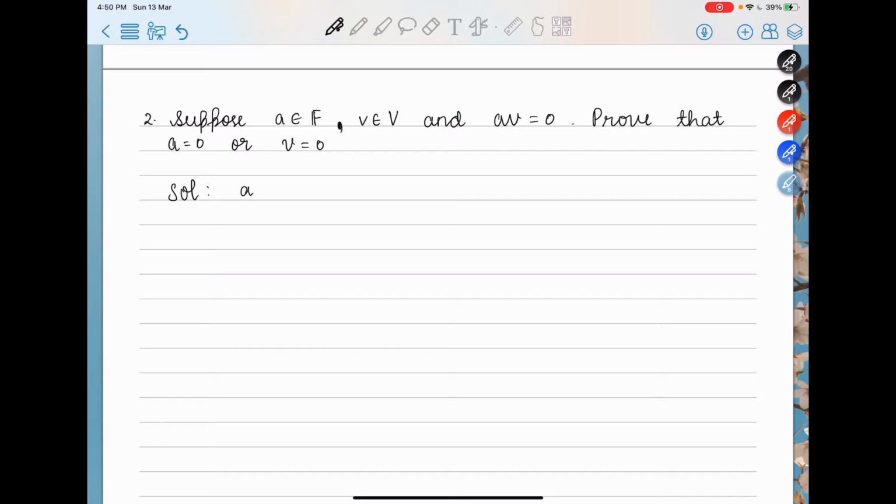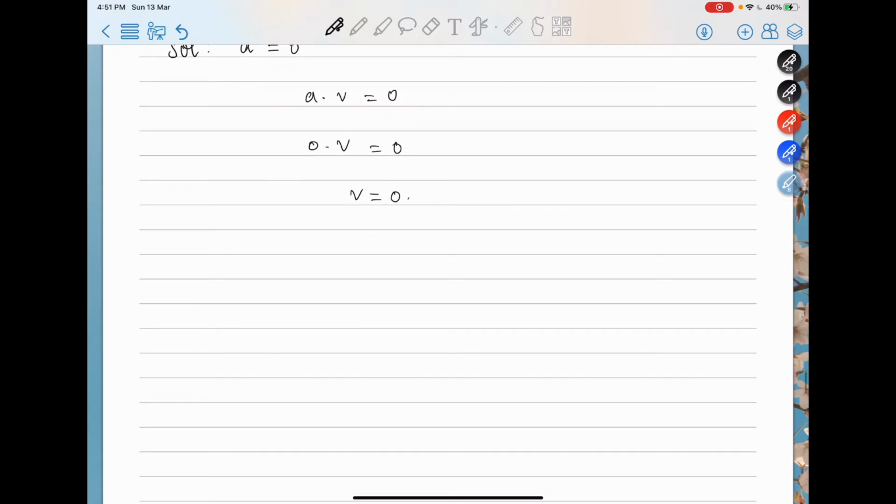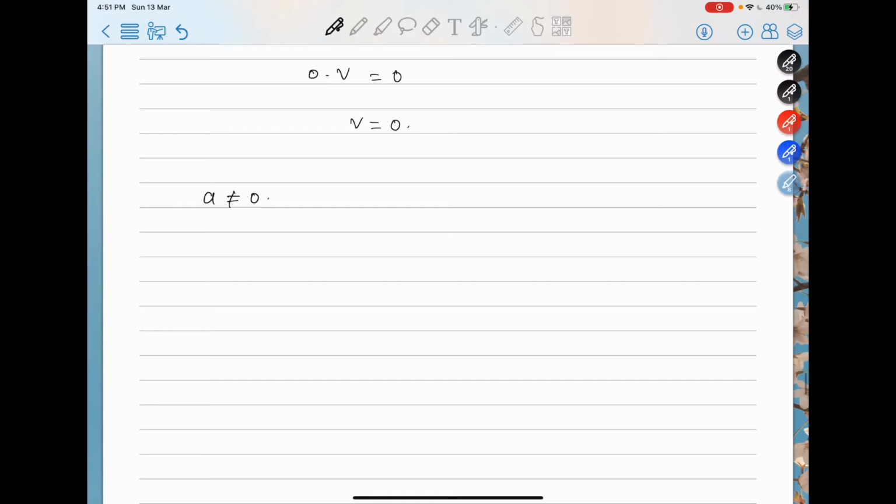When I consider a is 0, then I have the condition that av is 0, that is 0 times v is 0, so v is 0. So both of these conditions are satisfied. Next, a is not 0. If a is not 0, then a will have an inverse.